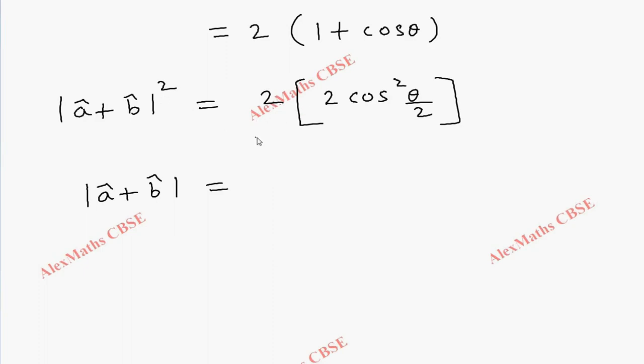When we remove square, it means we are taking the square root on both the sides. So this becomes 2, and cos square theta by 2 becomes cos theta by 2.